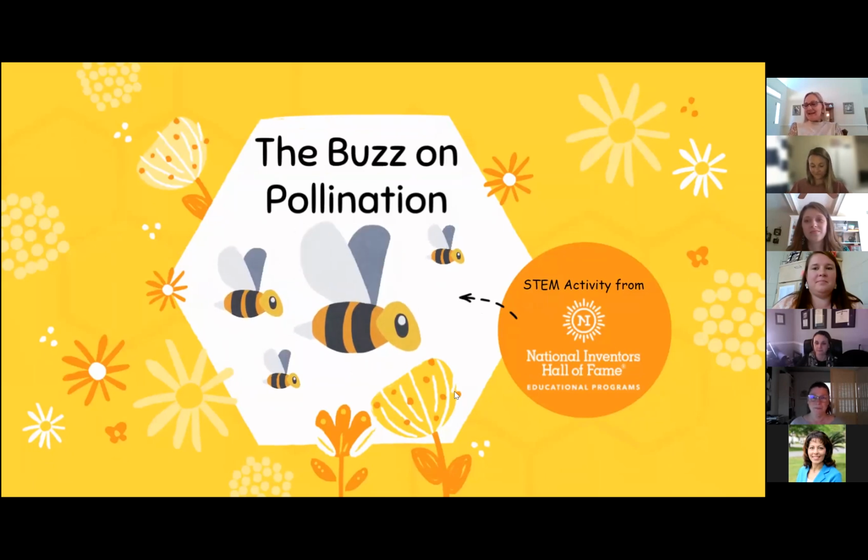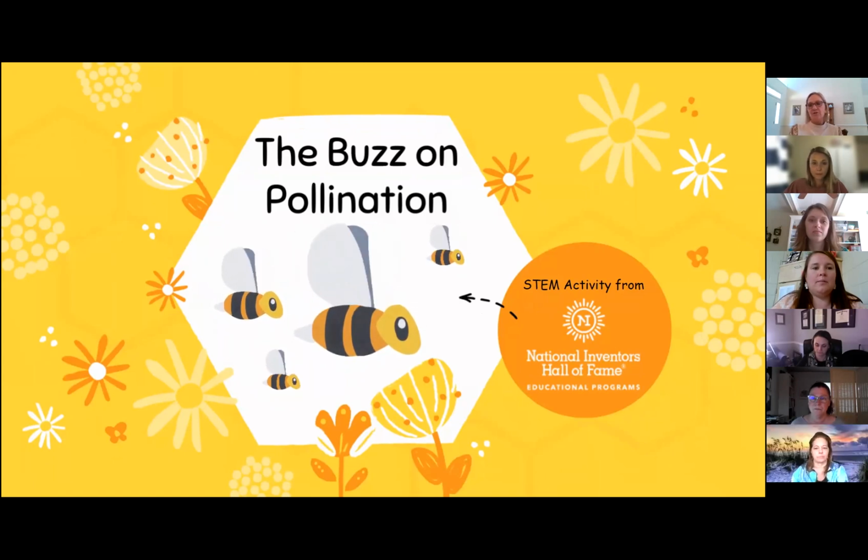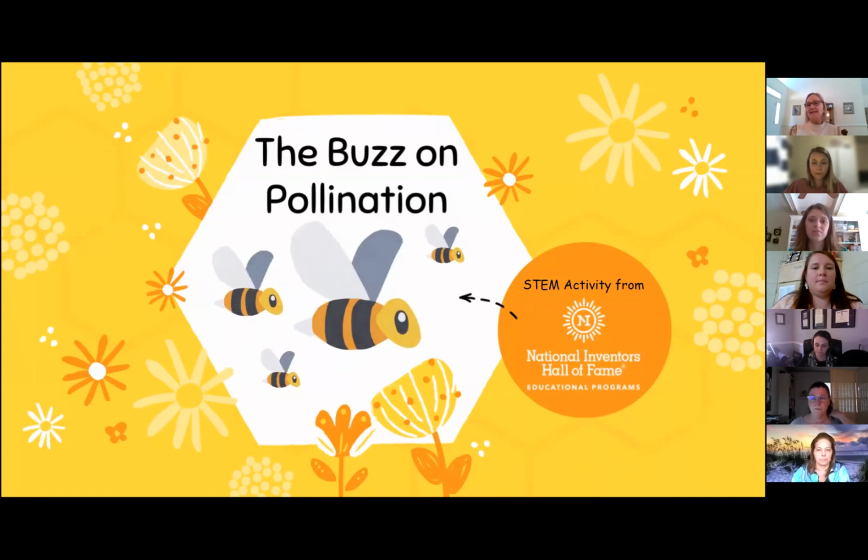Okay, this is a unit on the buzz on pollination, and I have several people here that have helped me develop this unit, and you're going to be hearing a little bit from each of them as we go through. In this unit, students learn about the importance of pollination and how different birds, insects, and animals play an essential role in ensuring the future of our food, plants, and flowers.